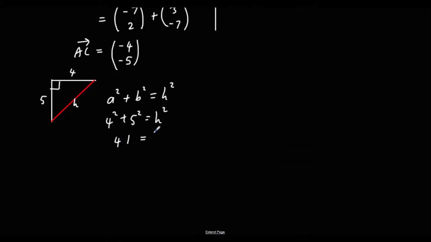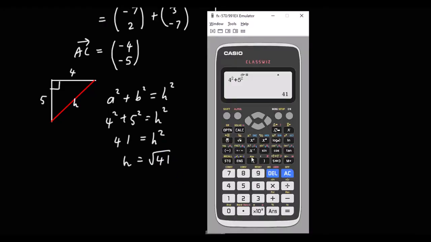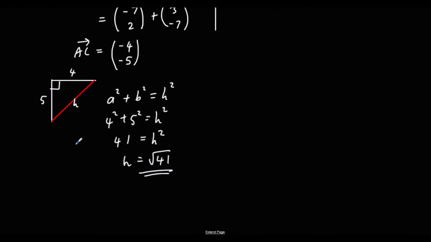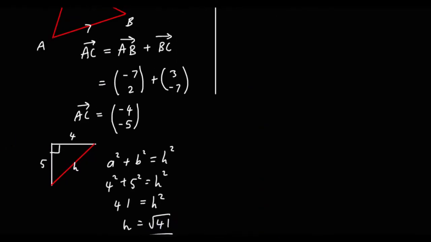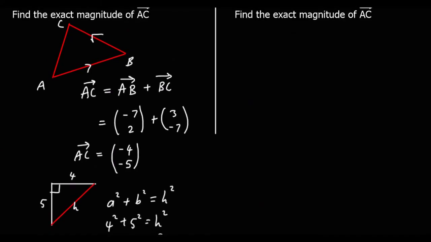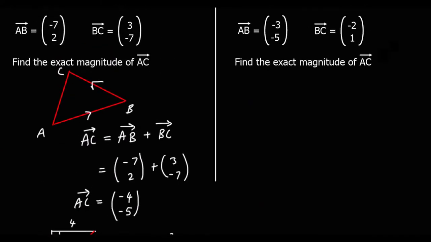So 41 equals h squared. Square root both sides. So h is the square root of 41. So the exact magnitude of A to C is root 41.